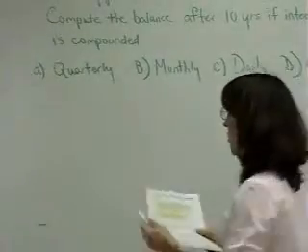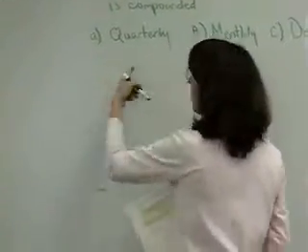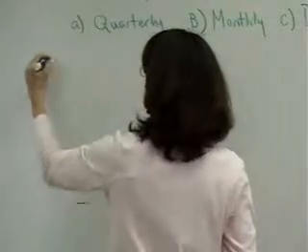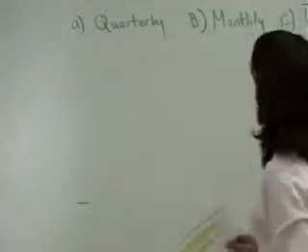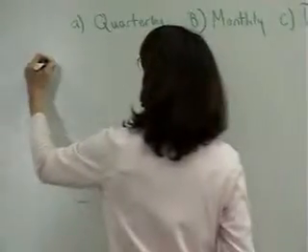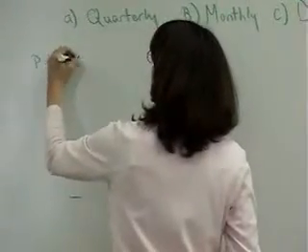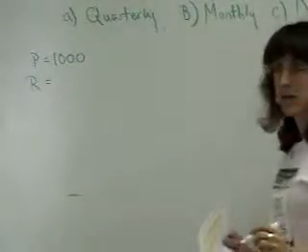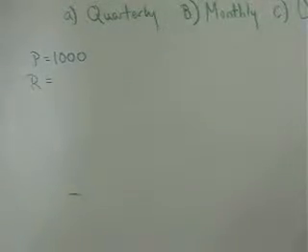All right, so let's do quarterly. Well, which formula should we use? We should use the first one. Okay, so that means we need to know all these letters. What's A? We don't know A. A is what we're trying to figure out. What's P? P is 1,000. What is R? 0.06.